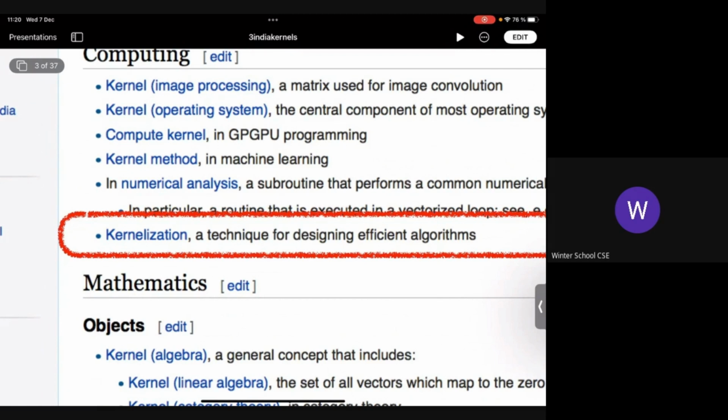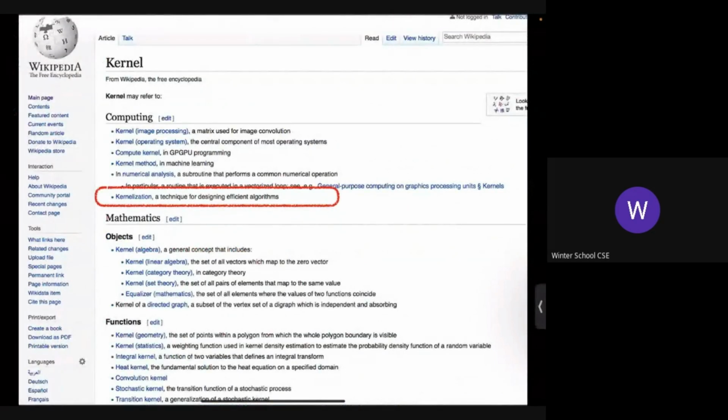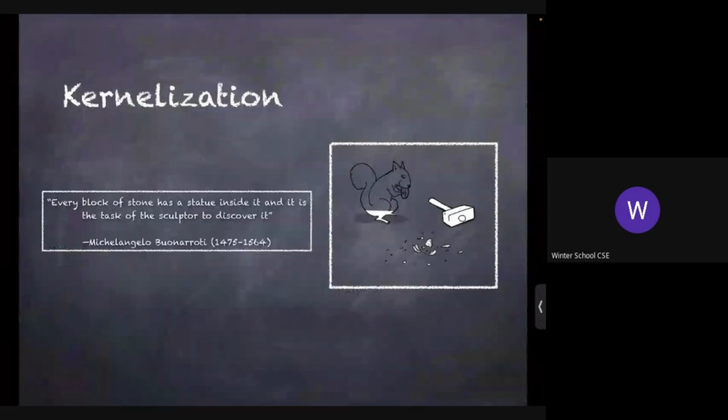It's not any of the other things, like the general concept of a kernel in linear algebra, category theory, or whatever. Now, a visualization of kernelization, if you really want to see it: if you're a sculptor, what distinguishes a good sculptor from a bad sculptor? If you're a bad sculptor, you start immediately trying to make the sculpture.